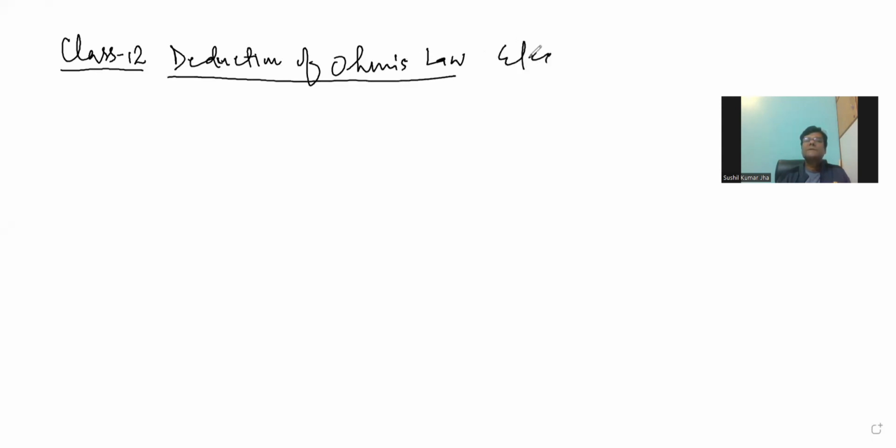This is electricity. Since we know we have a relation, and the relation is I is equal to neAVd.